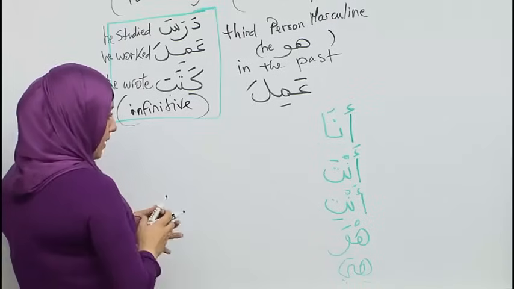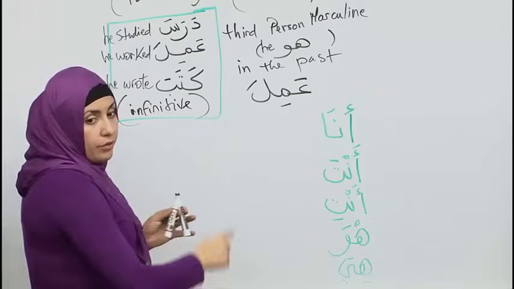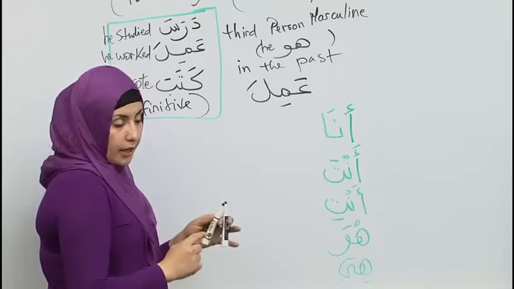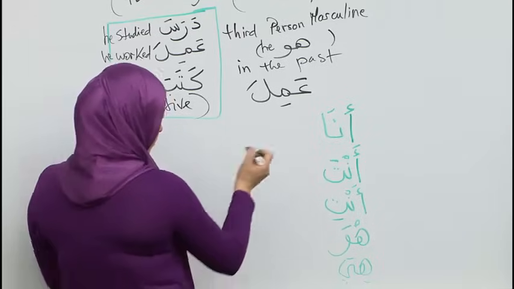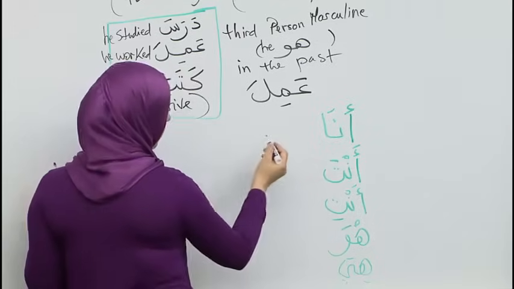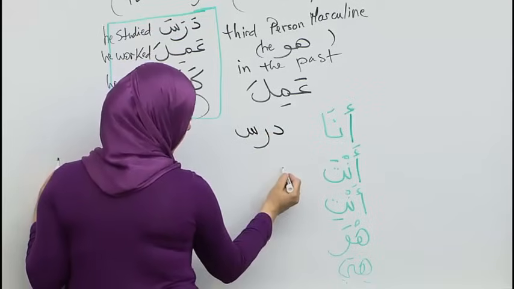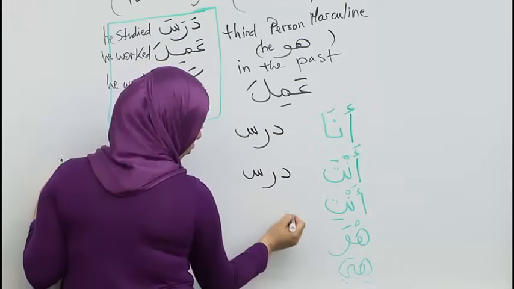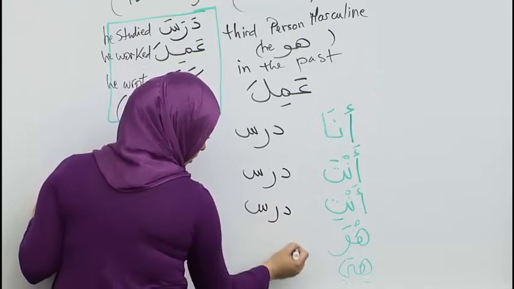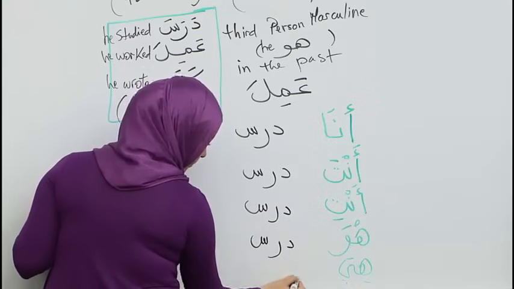Okay. Ana. This is the trick for conjugating verbs in Arabic. You take the infinitive as it is. Let's take the verb darasa, and you put it in all of them. See?